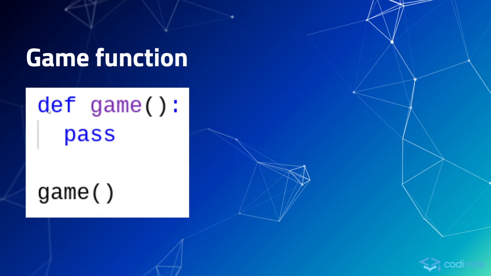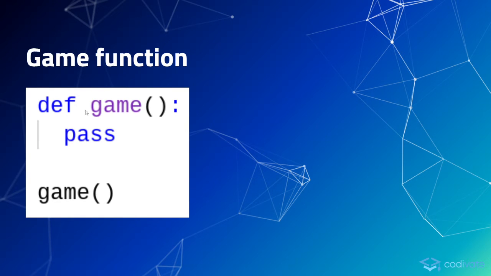So we are going to create a function for our gameplay and call it just game. Doesn't need any parameters. It's just a code segment that takes care of the gameplay. And just so we can have this down, we're going to put this pass keyword and put this function call here because we don't want an error as soon as we start writing our function.